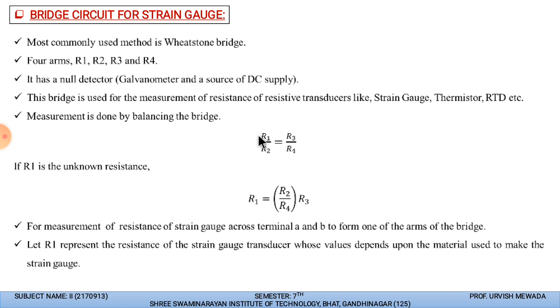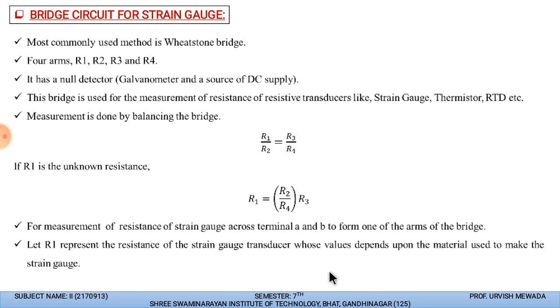For one of the arms of the bridge, let R1 represent the resistance of the strain gauge transducer, whose value depends upon the material used to make the strain gauge. We have different materials in the strain gauge that we already discussed, and according to the material we use, its resistance will change.